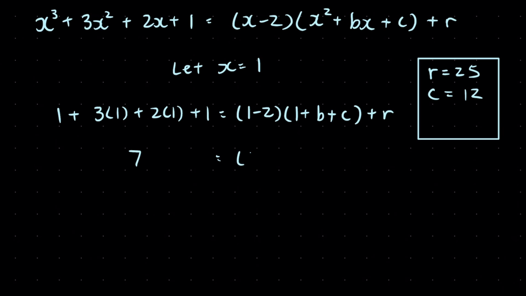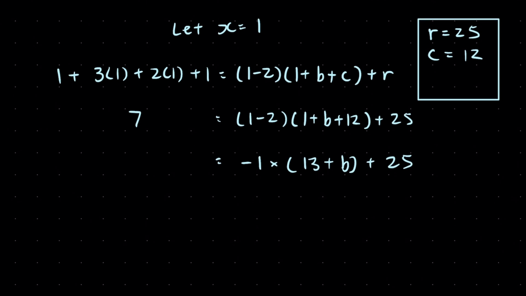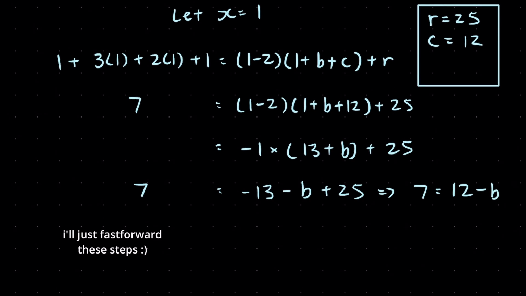And on the right-hand side, let's just sub in the values for c and r. We know that c is equal to 12 and r is equal to 25. So we have 12 minus b on the right-hand side, and on the left-hand side, we have 7. So solving this, we end up with b is equal to 5, which is what we got using the other method as well.